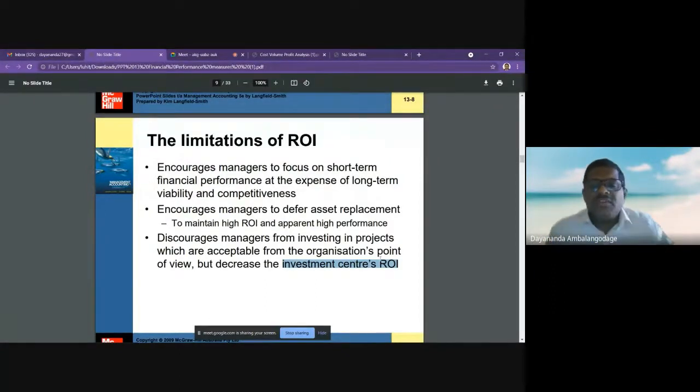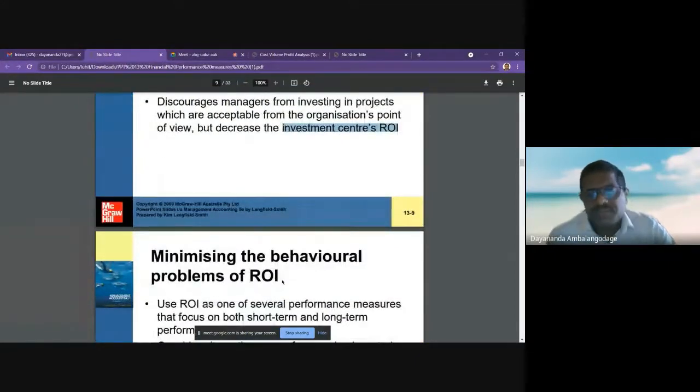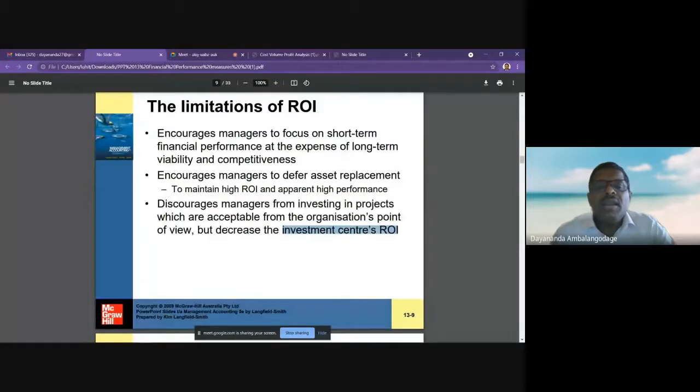It's not a good thing for you. So even though the project is financially feasible based on NPV calculation, my organizational politics is to reject the project because ROI is not good. So goal congruence is difficult to ensure because of ROI.